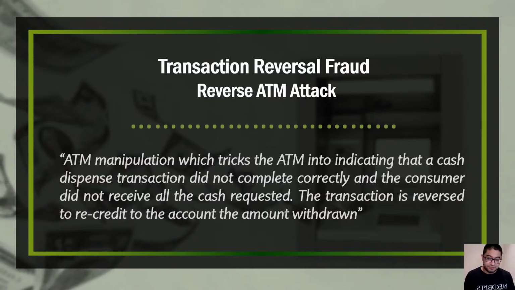I don't like the term reverse ATM attack too much, but let's say that a transaction reversal fraud is when the ATM is manipulated, so it tricks the ATM, indicating that the cash wasn't delivered to the cardholder, but indeed the cardholder will get the money somehow and will cause an error in the ATM, and from that error the transaction will be reversed and the amount will be recredited into the account of the cardholder.